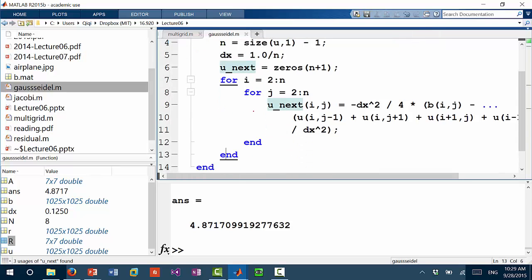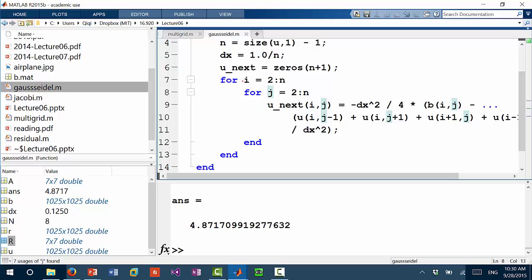so the only thing different is instead of just solving the diagonal matrix, we do forward substitution. In forward substitution, we use the part of the solution we have already solved in this iteration. So U next has already been solved for any i and j that is less than the current value, right?